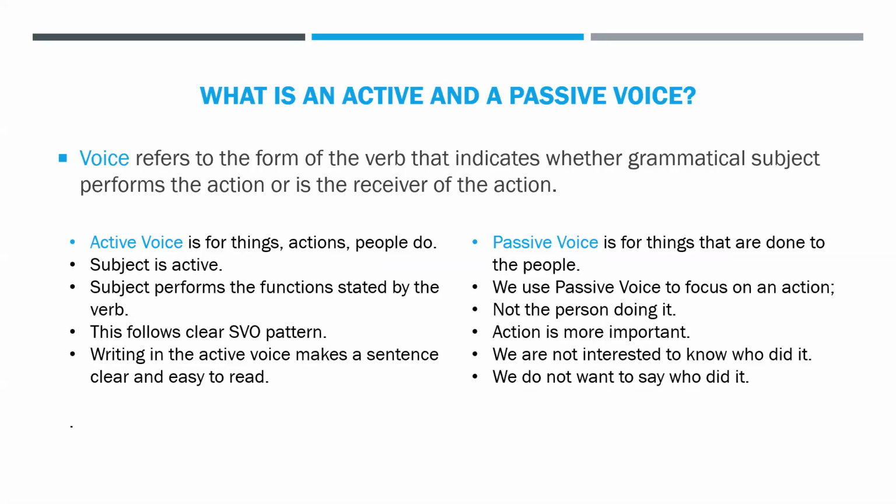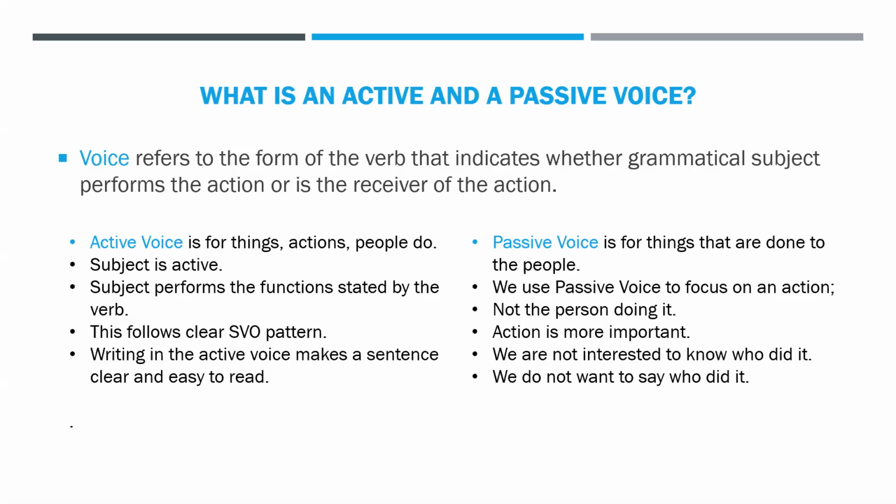So the subject is very important. Is the doer active there, or is the doer at the receiving end, receiving the action? Most of the time it's better to write in the active voice. That will have a greater impact.